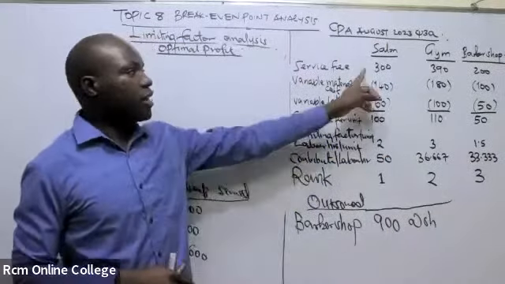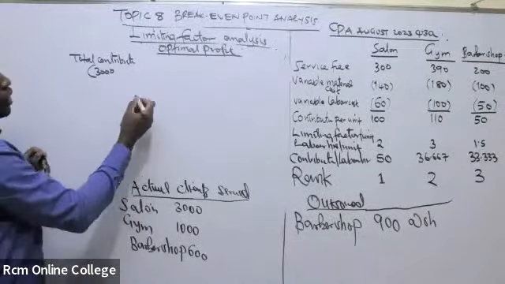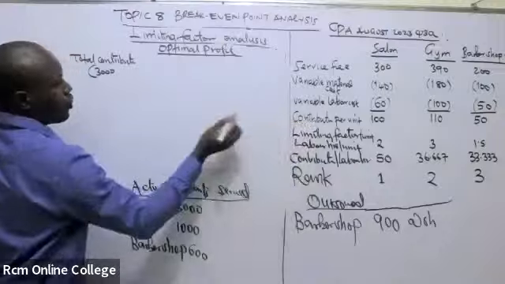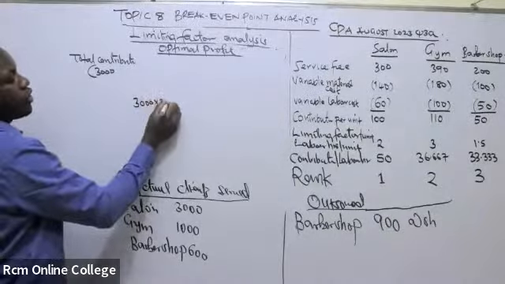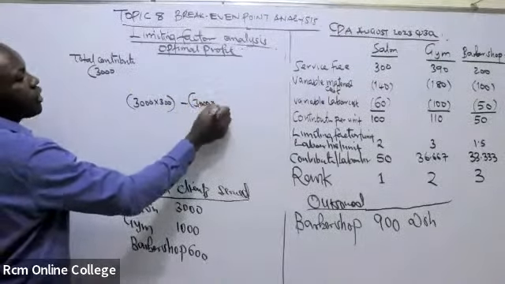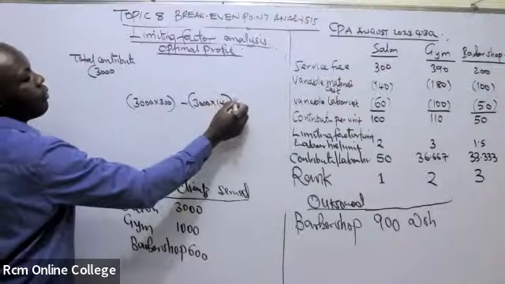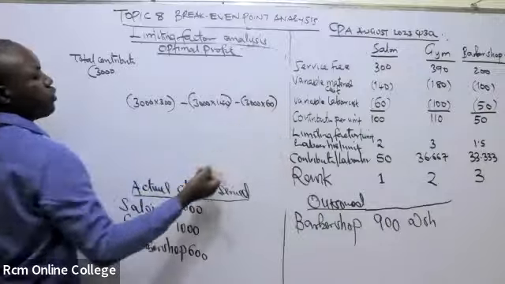If you want to get total contribution, we'll be taking 3,000 times 300, minus 3,000 times 140, minus 3,000 times 60.